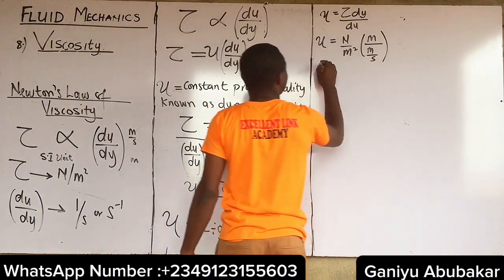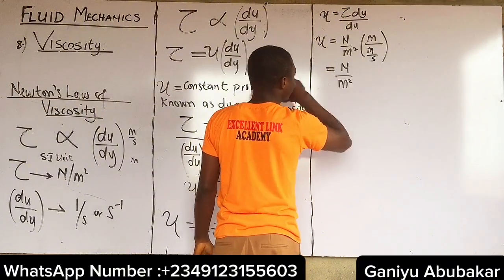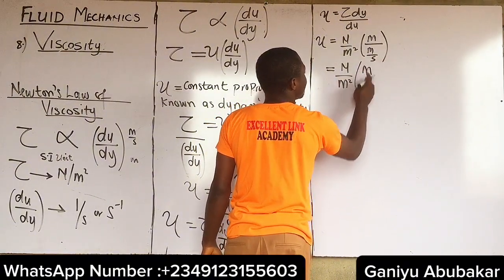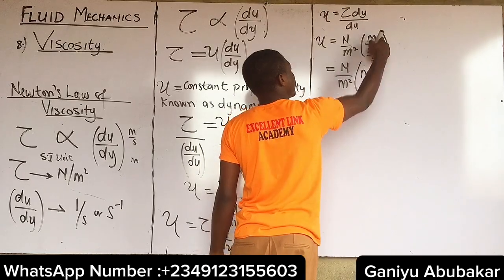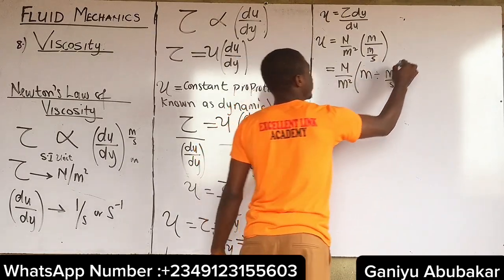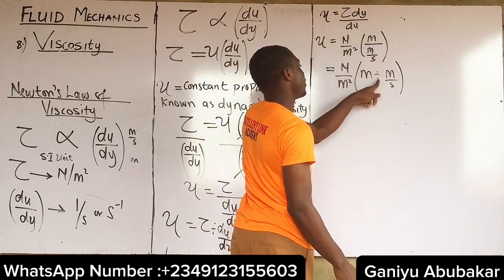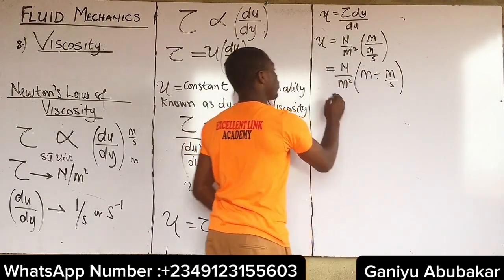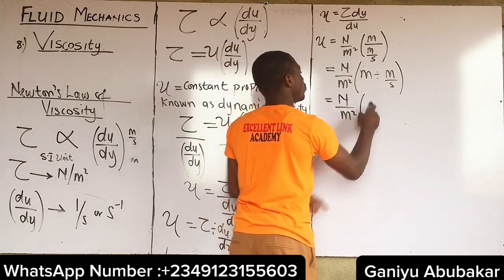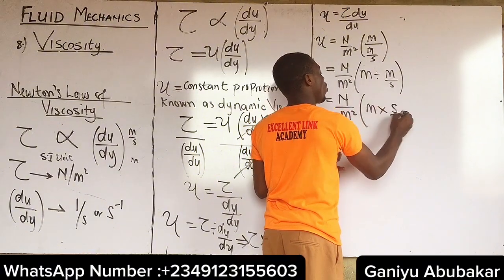For this one here, the task becomes simple. I'll have Newton per meter squared, into meter divided by meter over second. From here, Newton per meter squared into meter, times this one comes up, this one comes down.